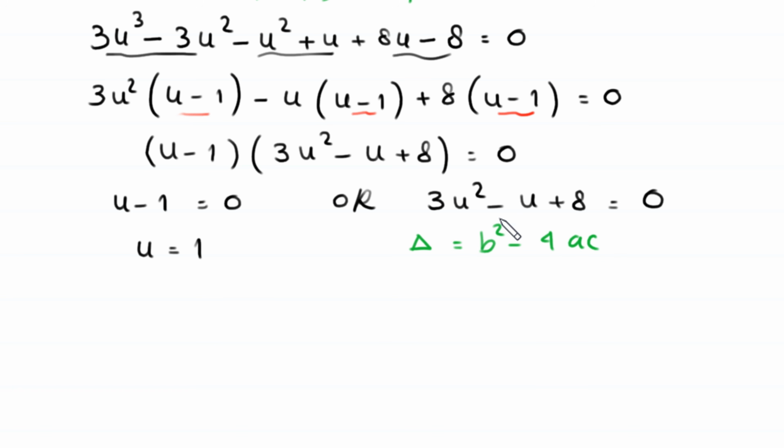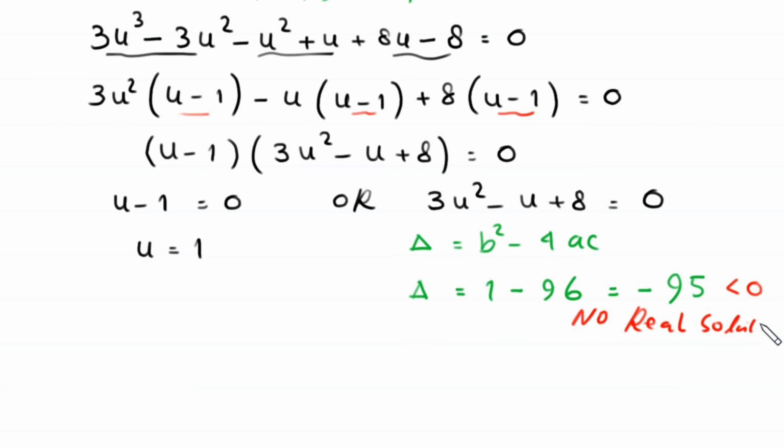Since b is negative 1, negative 1 squared is 1, and negative 4 times 3 times 8 will become negative 96. This is equal to negative 95. So the discriminant is less than 0, which means that no real solutions can be found from this case. So we accept only this case, u is equal to 1.